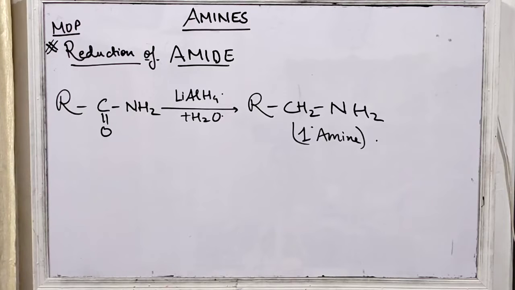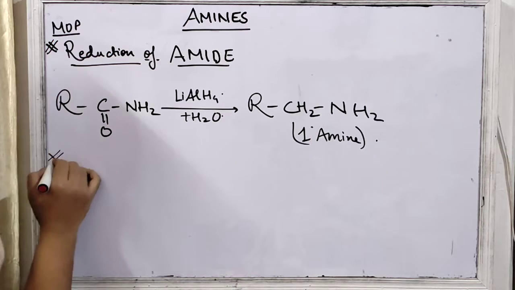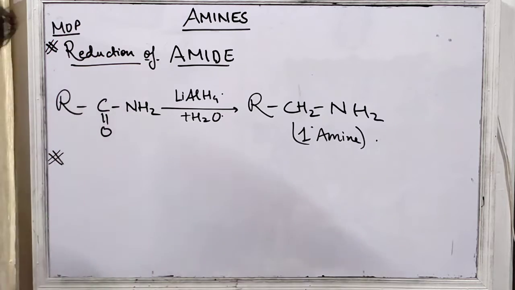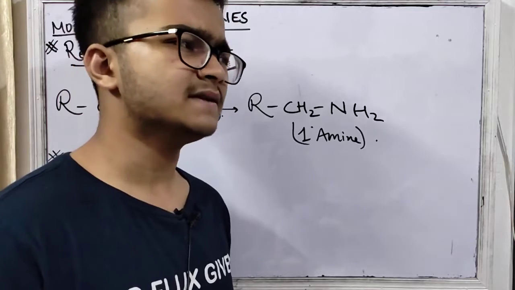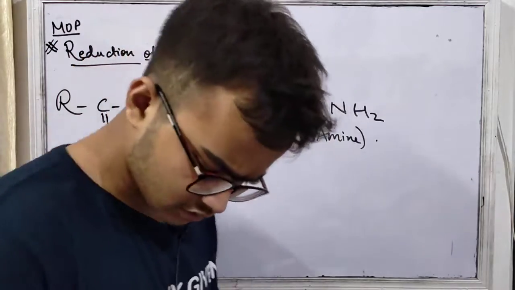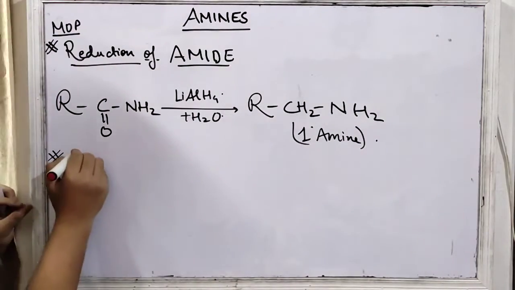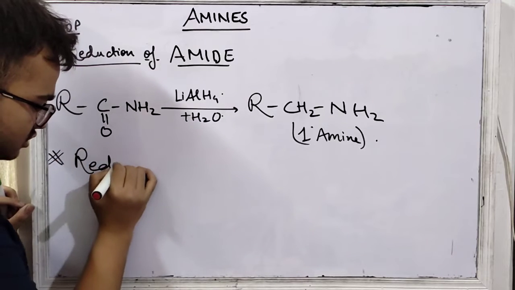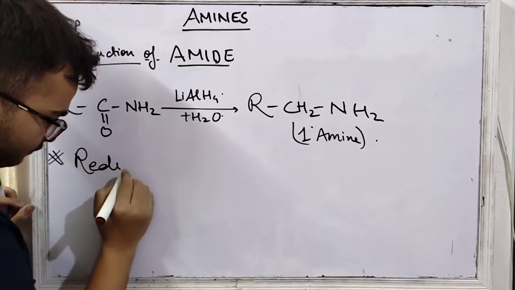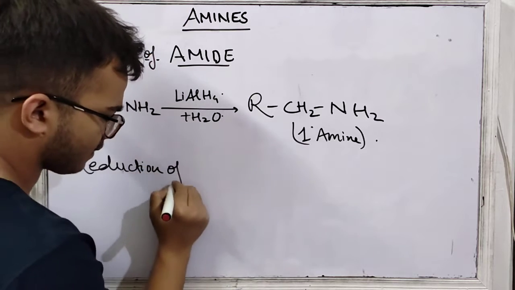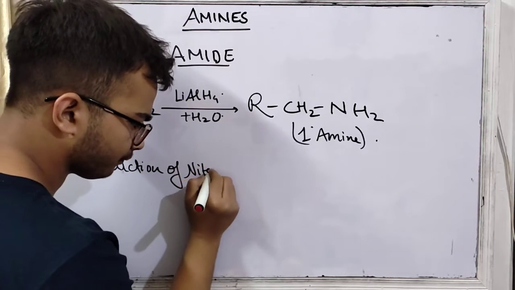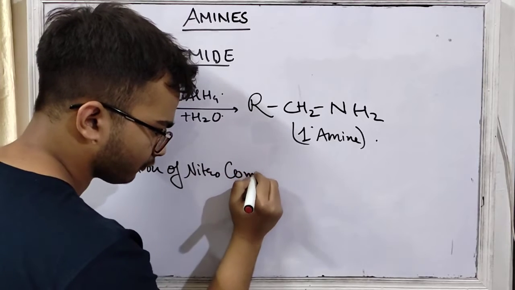So let's move on with the methods of preparation. The next thing which we have is the reduction of nitro compound. Now what do you mean by nitro compound? It means it will have a NO2 group. So what happens? Let us take the heading: reduction of nitro compound.